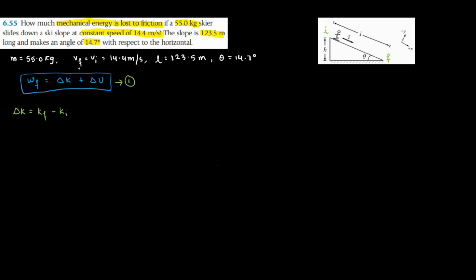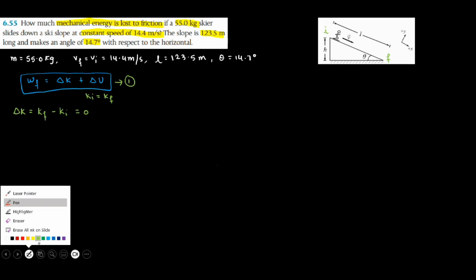That means both my initial and final speed are the same. And if initial and final speed are the same, initial kinetic energy will be equal to final kinetic energy. And if these two kinetic energy values are equal, the difference in these two values will come out to be 0. So change in kinetic energy will be equal to 0.